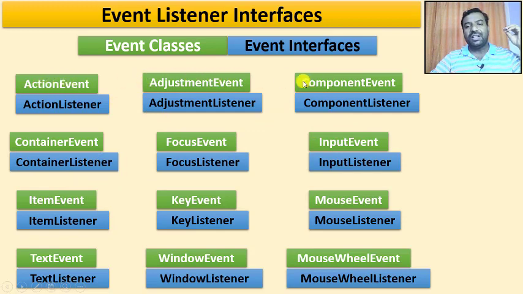All these green tabs are classes, what we call event classes, and all of these are the listener interfaces. Hence we have classes at the top layer and interfaces at the bottom layer.